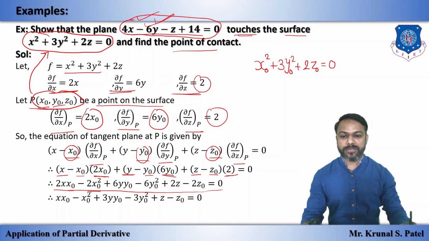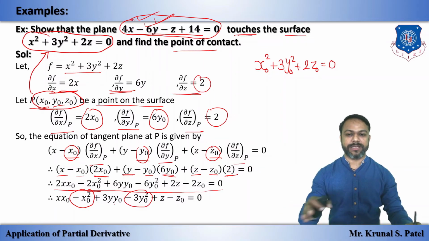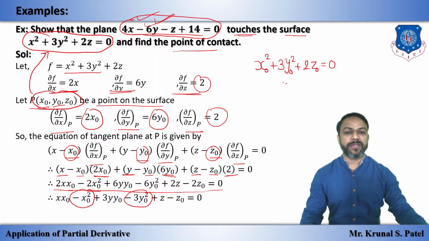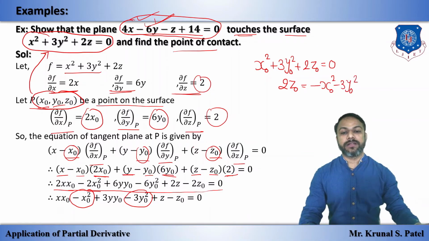Now we can put the value of minus x0 square minus 3y0 square, because these are in a linear equation in addition, so if we take them to the right hand side they become minus, and we can replace this by 2z0.